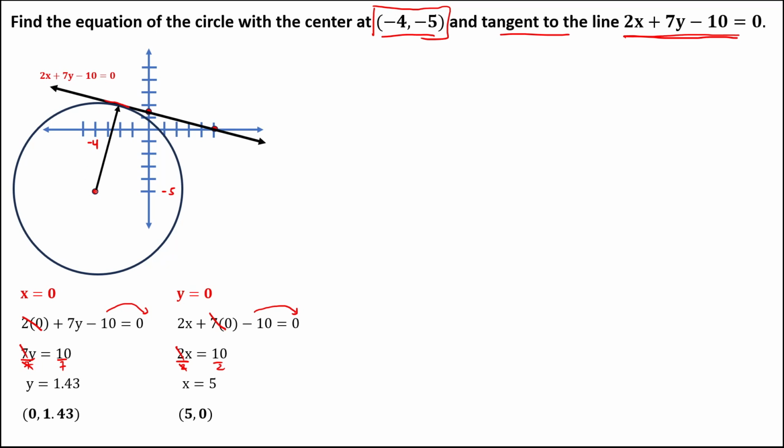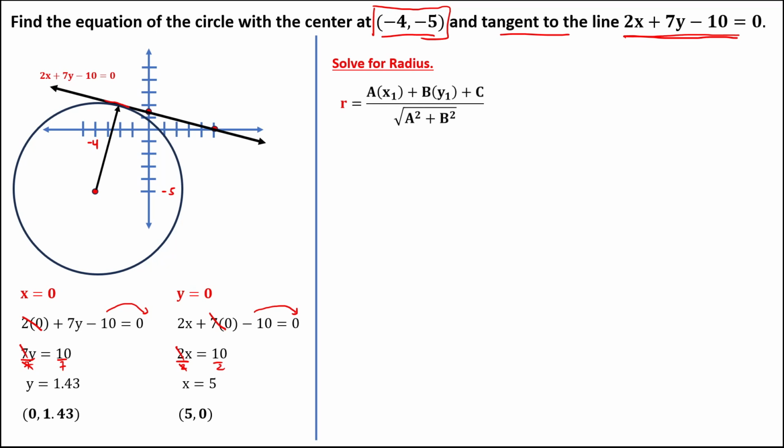So from the center to the tangent line, the formula for the radius is a times x sub 1 plus b times y sub 1 plus c, all over the square root of a squared plus b squared.